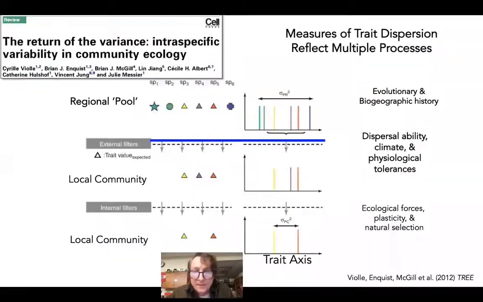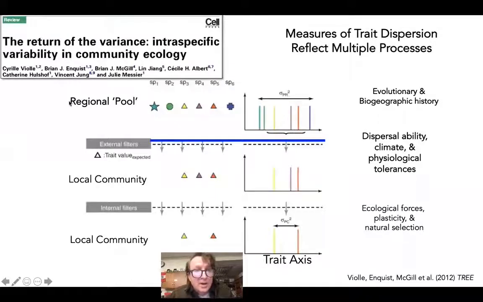Okay. All right. So I also wanted to point you to this paper, which I believe some subgroups may be reading. All right. And so this process of measuring trait dispersion could actually reflect multiple different processes. Okay. And so this diagram is pulled right out of this paper. And so we can think of ecological processes as operating on several different ecological and evolutionary scales.